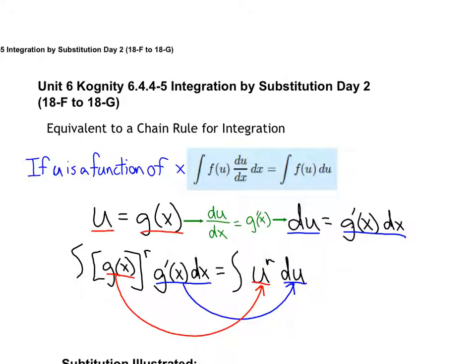Okay? I take the derivative of u with respect to x, du dx. Well, I know that if I take the derivative of g of x, it's g prime of x, right? Okay, so du dx is g prime of x. Now I'm multiplying both sides by the dx. So I just have du by itself equals g prime of x dx.